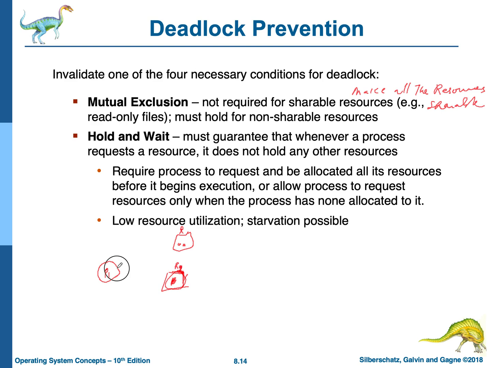If this is the condition and P1 needs this one instance and one instance of this, but this is already assigned to, let's say, P2, then P1 will not start, because we have to wait until all required resources are available.